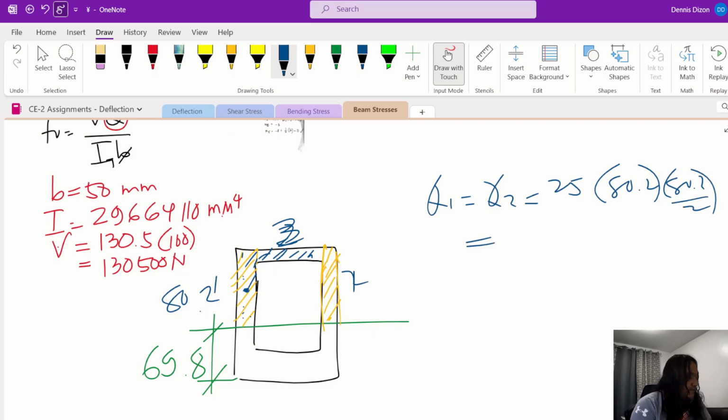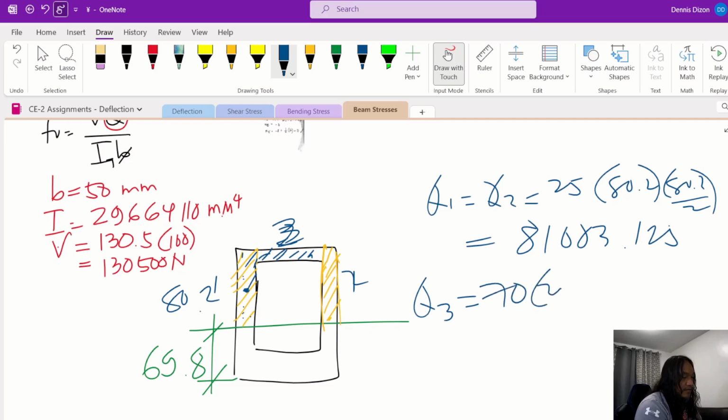So Q1 is 25 times 80.2 squared times 0.5. This is 81003.125. And then Q3 would be, area of that one is 70 times 25, and then 80.2 minus 12.5.